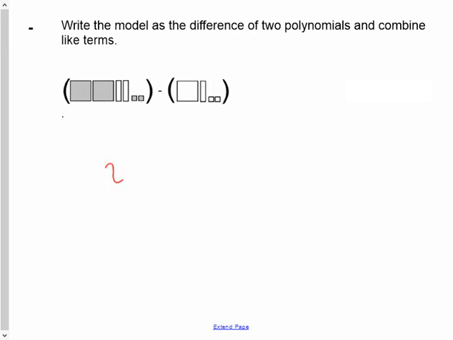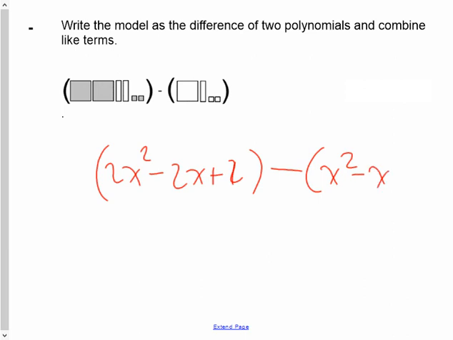The next one would be 2x squared minus 2x plus 2, minus negative x squared minus x minus 2. So here, because we're subtracting, we're going to change it to addition, and we're going to use the opposite of each term within the second trinomial.